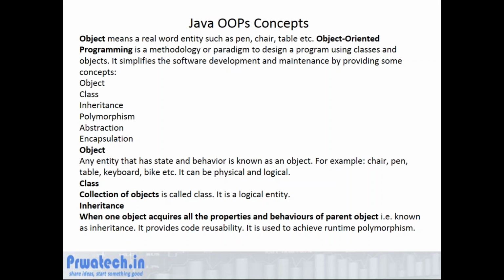Let's say there is an example I can give: employee. Employee is a superclass or base class, and a programmer or Java developer is an employee. The developer and employee relationship is nothing but an inheritance relationship.